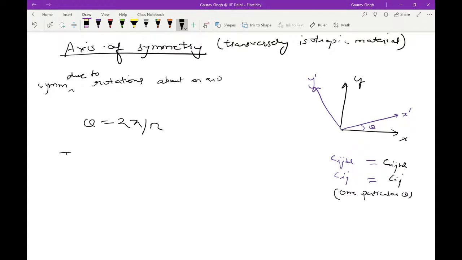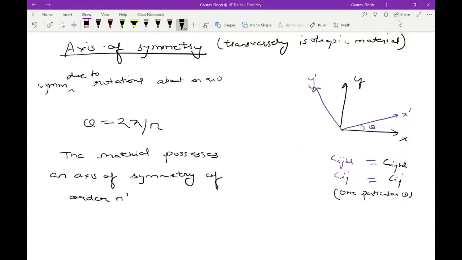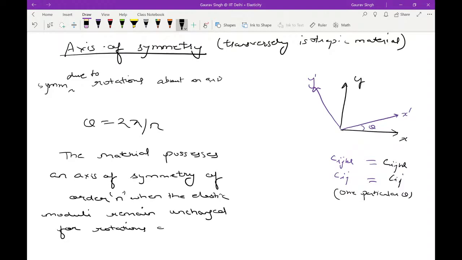you use the language that the material possesses an axis of symmetry of order n when the elastic moduli remain unchanged for rotations of 2 pi by n radians about the axis.